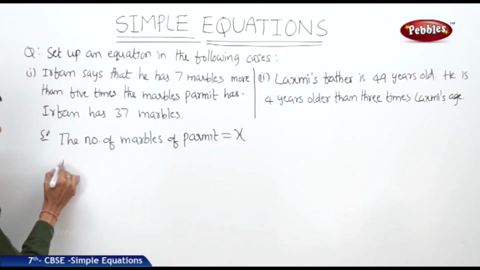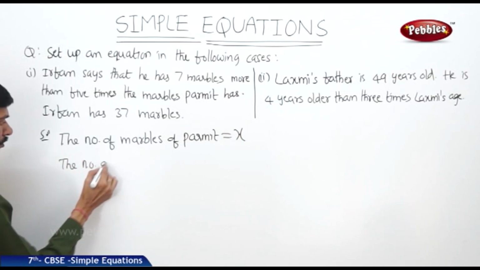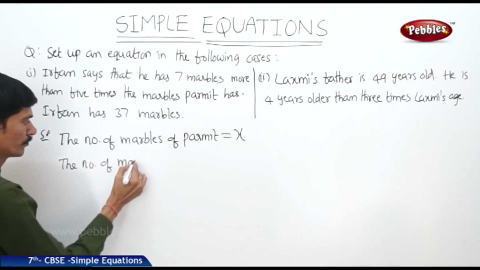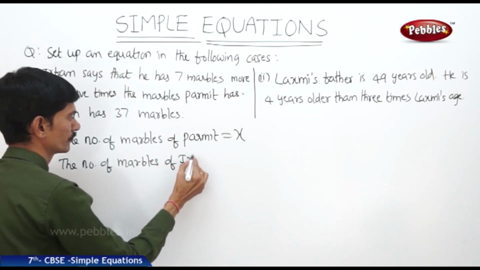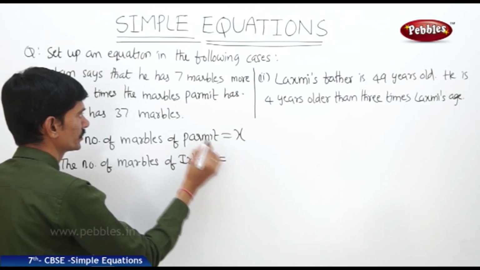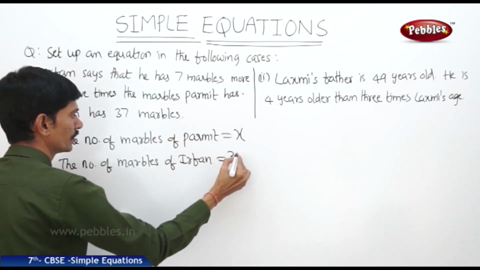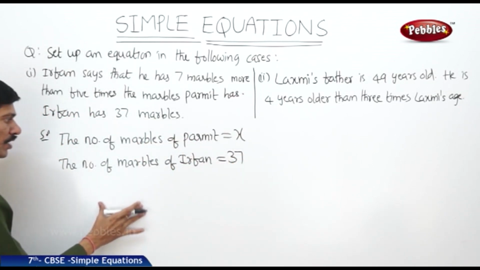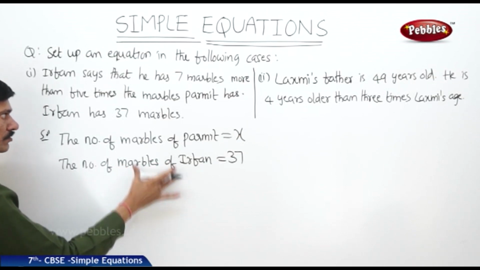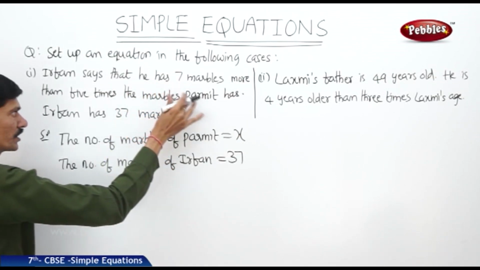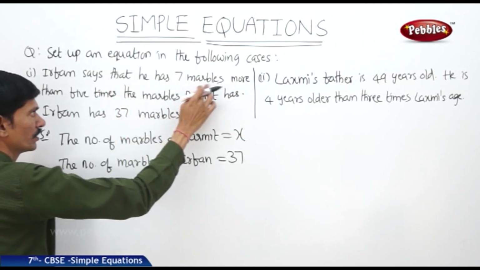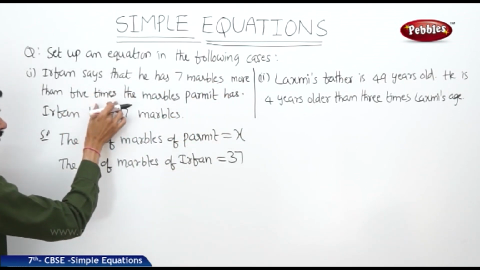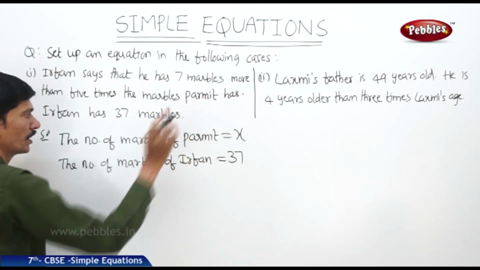Now the number of marbles of Irfan is given as 37 marbles, but this number is also given in the statement: Irfan has 7 marbles more than 5 times the marbles Parmit has.